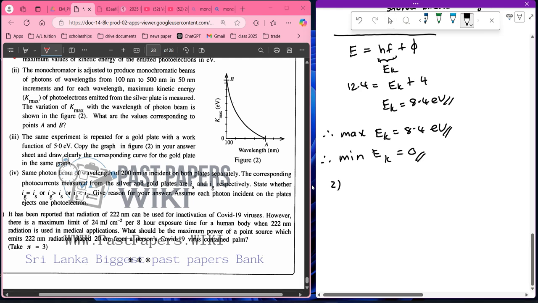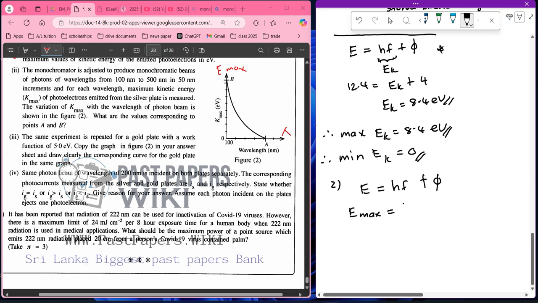According to this graph, the y-axis is the maximum kinetic energy, and the x-axis is the wavelength. So we should be able to create a graph, because for the Emax, the equation I have written before is hf plus psi, no? So they are considering the Emax here.